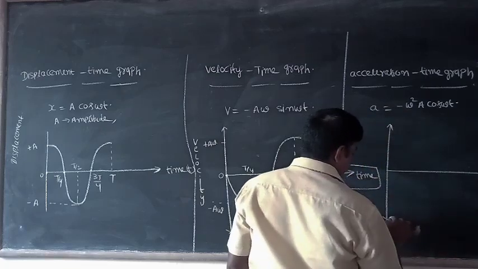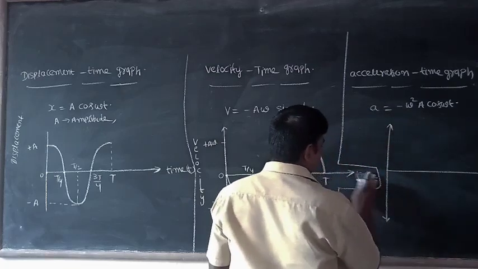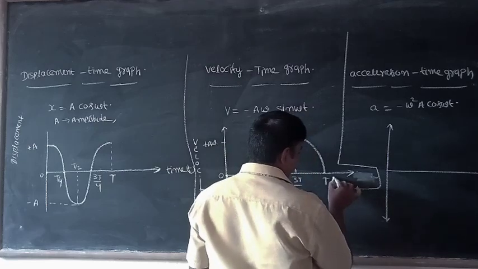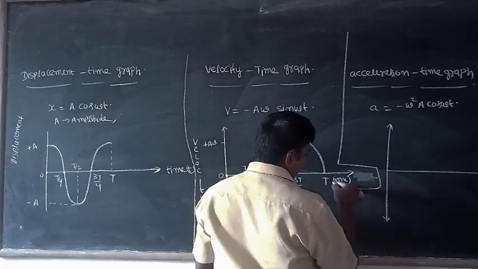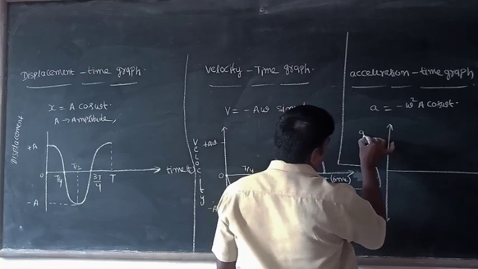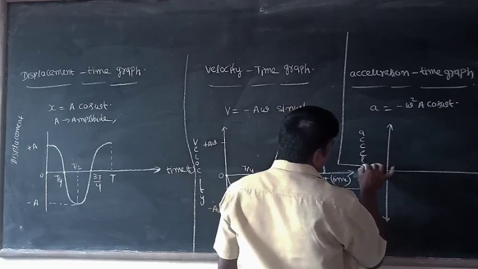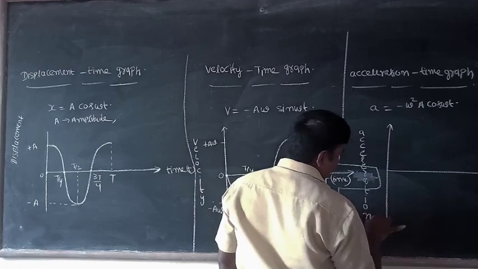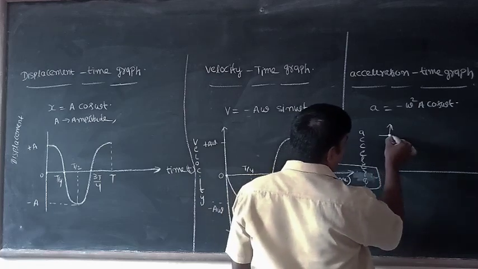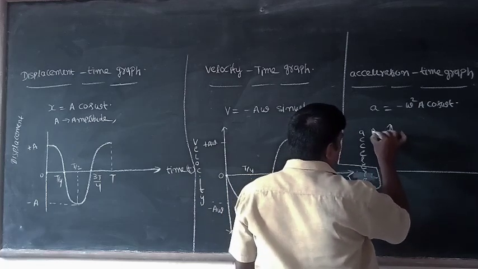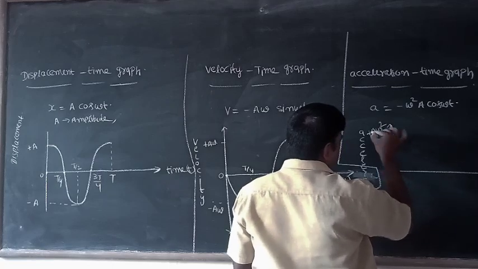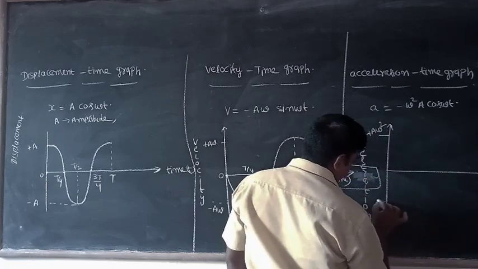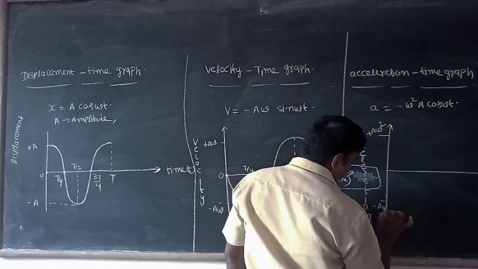So this is the acceleration, and here is time t. With the help of this, the acceleration can be plus a omega square and minus a omega square.